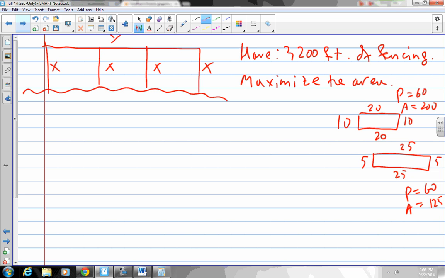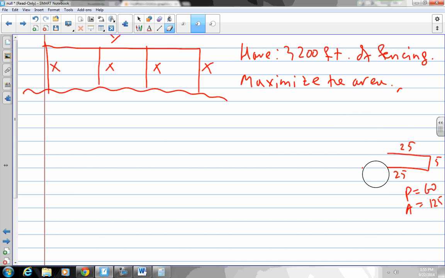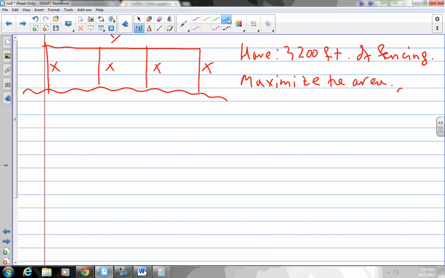All right. So the area in this case is just x times y. That would be the area of that shape. Do you agree with that?